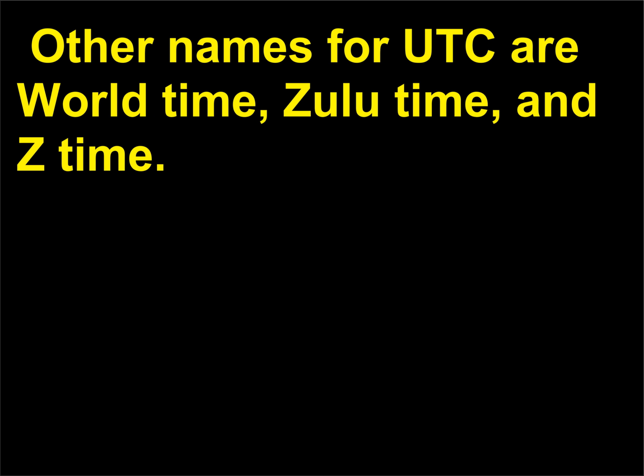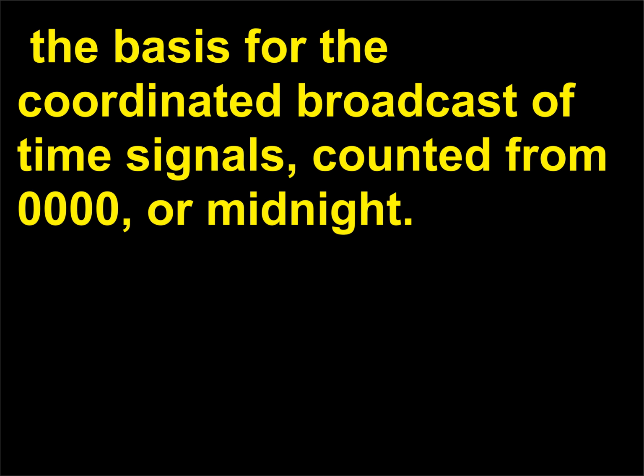Other names for UTC are World Time, Zulu Time, and Z Time. UTC should not be confused with UT, or Universal Time. It is the basis for the coordinated broadcast of time signals, counted from 0000, or midnight.